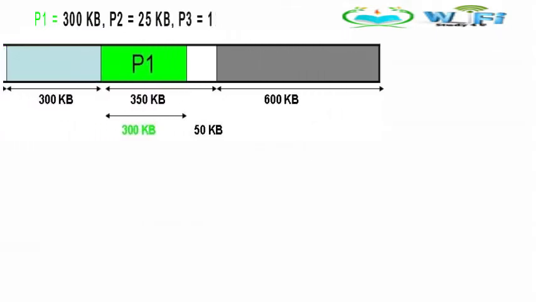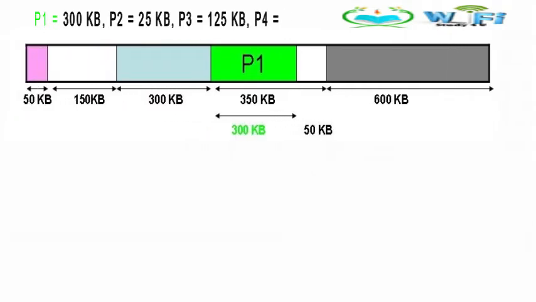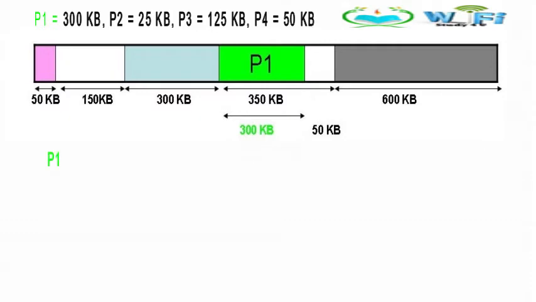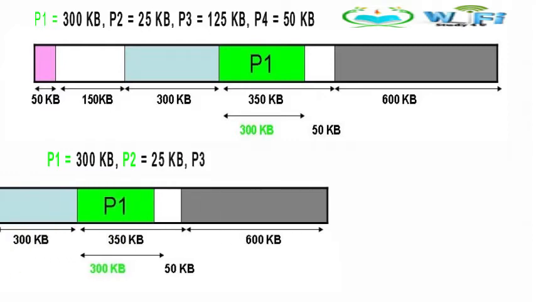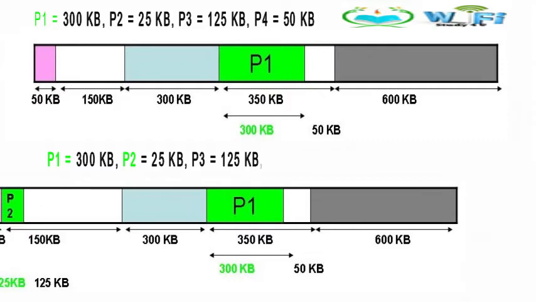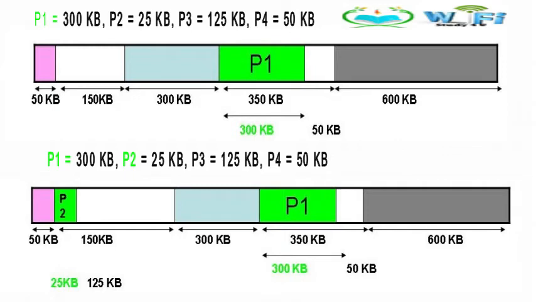Now second is P2. P2 means 25 kilobyte. Where will it be stored? Again search with first fit, and the 150 kilobyte partition comes out. The 25 kilobyte P2 will be stored in the 150 kilobyte partition, as in the given figure.